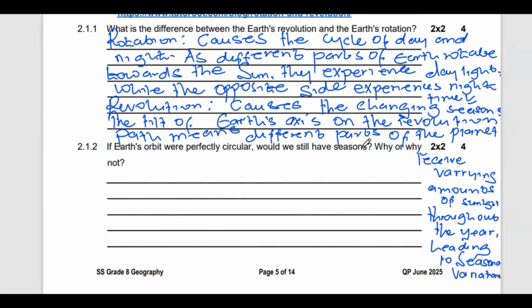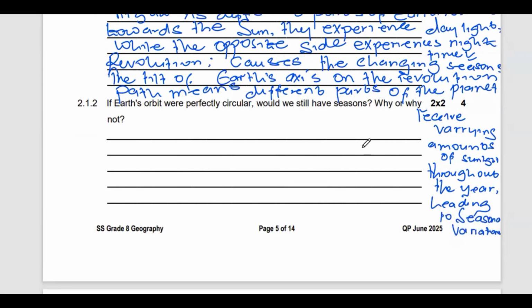Okay. If Earth's orbit were perfectly circular, would we still have seasons? Why or why not? All right. Here we can say yes. Our response is yes.